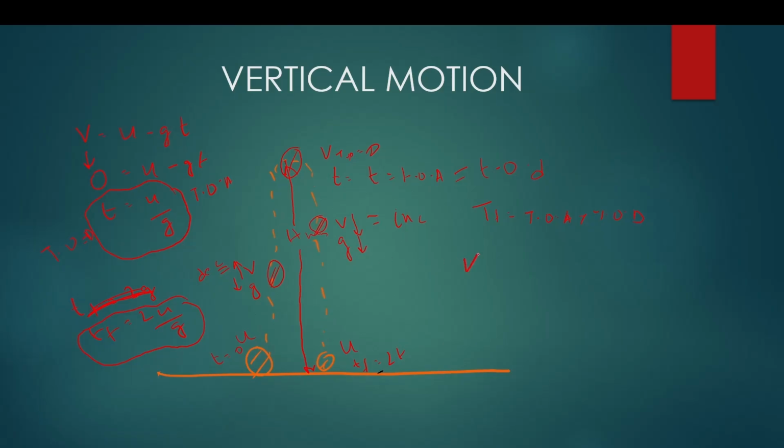For that we will use the equation v square equals u square minus 2g h max, because at h max v top equals 0, so the final velocity v equals 0, giving 0 equals u square minus 2g h max. So h max equals u square by 2g.